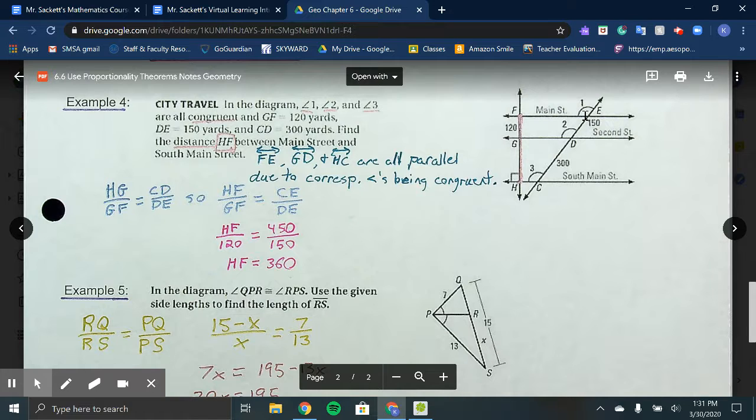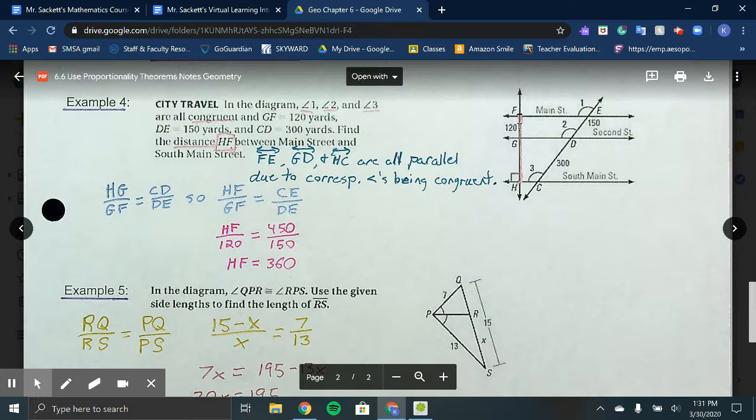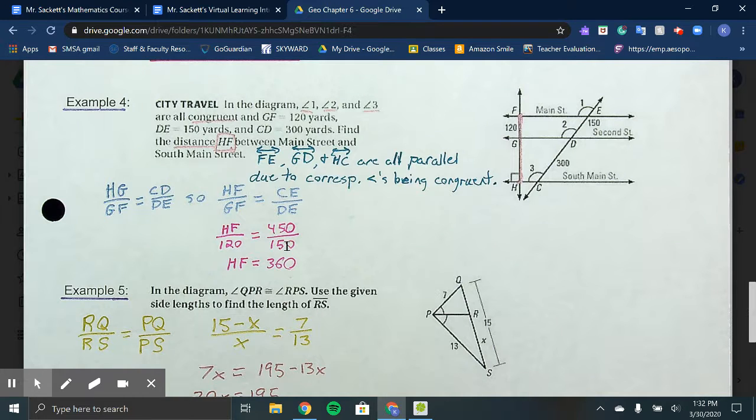So in that case, we can state HG over GF is equal to CD over DE, which also means HF, this whole side, over GF, this small segment, is equal to CE, this whole distance, over DE, that small segment. In that case then, HF over 120 equals 450 over 150, cross multiply and divide, and HF equals 360.